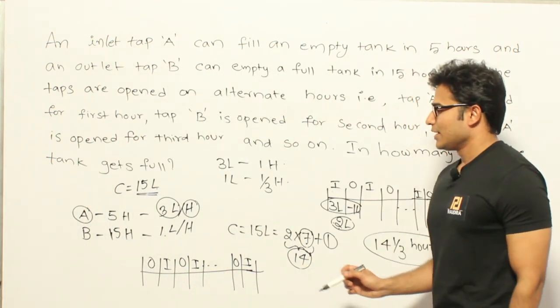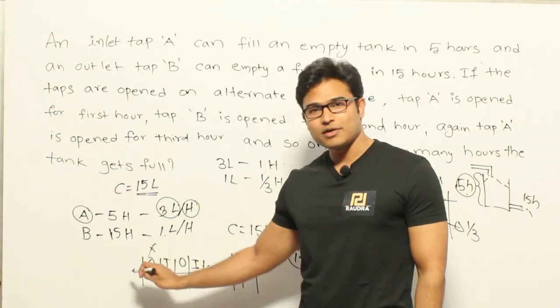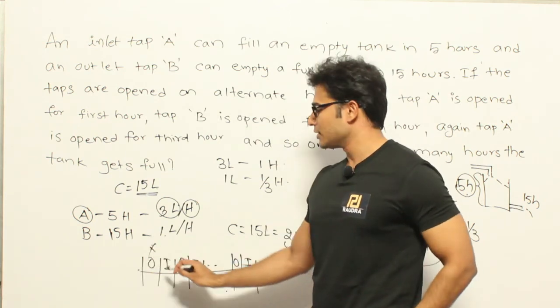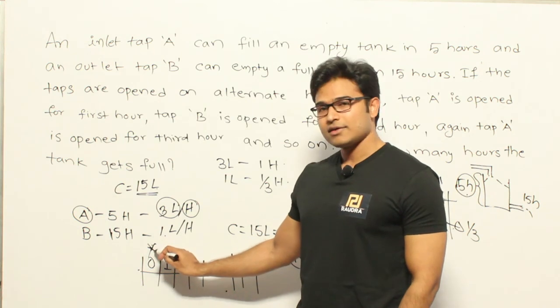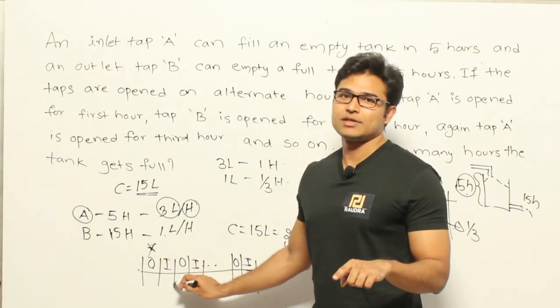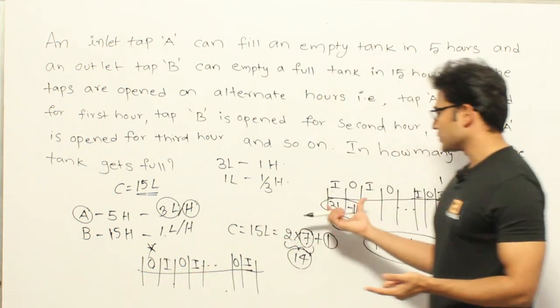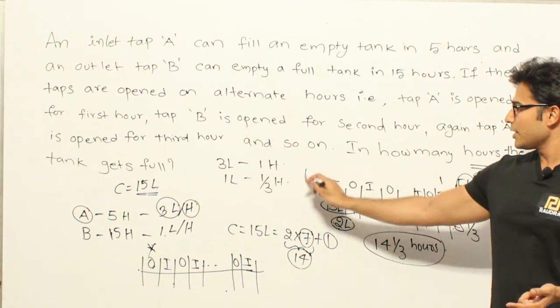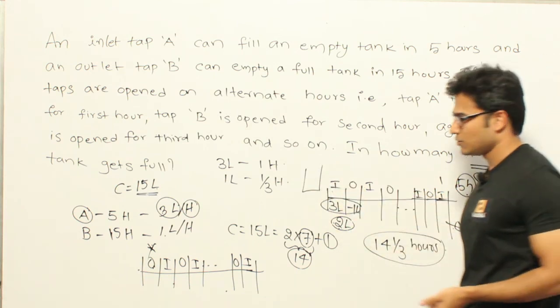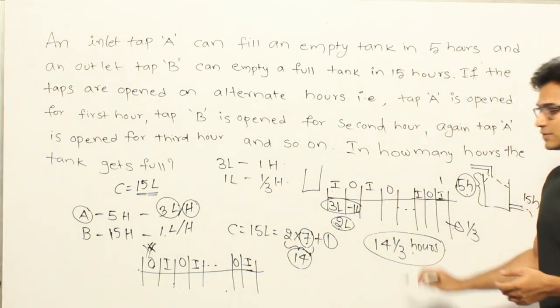The reason is, if the tank is already empty, you cannot empty it initially. Therefore this order is never possible. The outlet drains water only if the tank has some water, but initially we start with an empty tank, that is the assumption. We don't have anything in it, so this order is definitely not possible. The only possible order is this, and the answer is this one. Okay, fine.